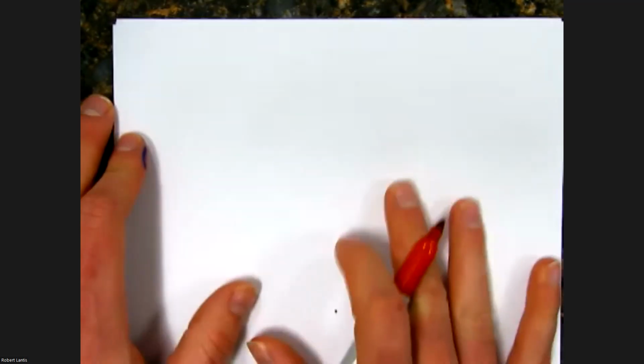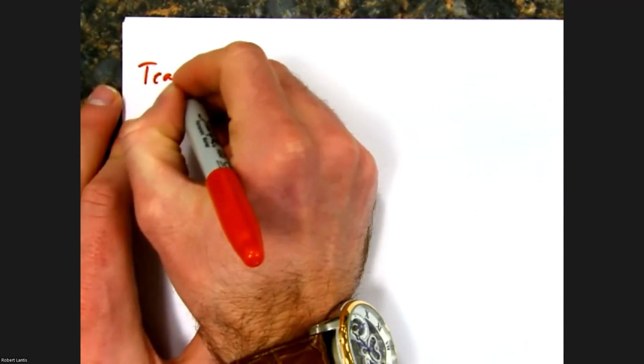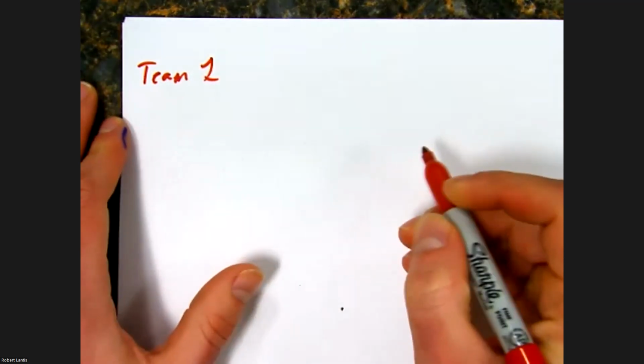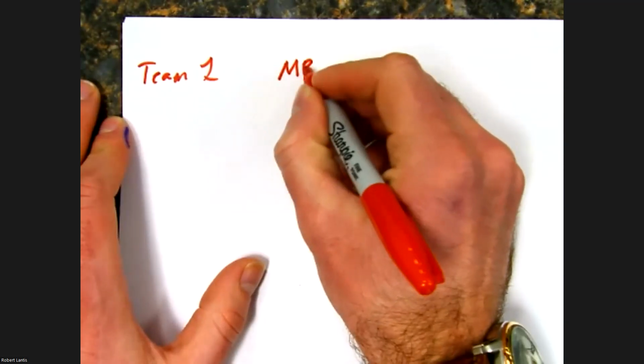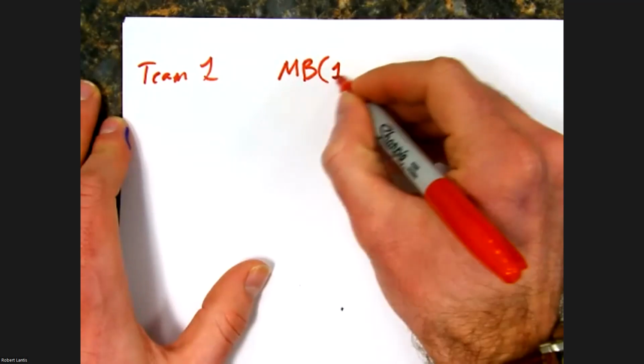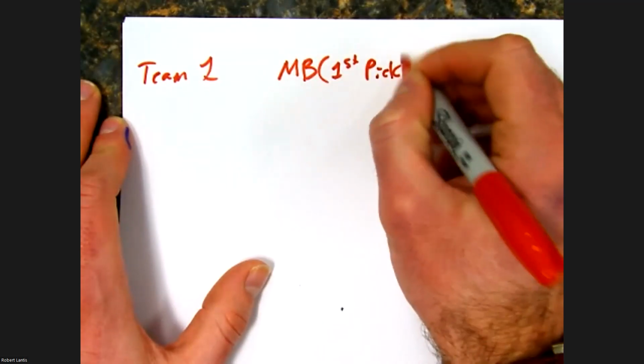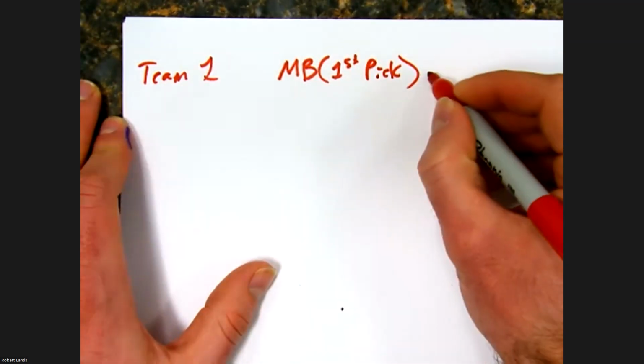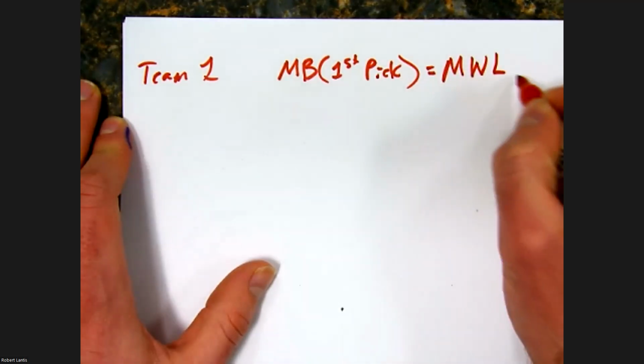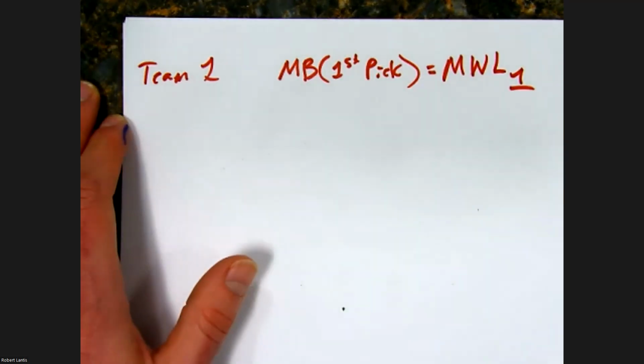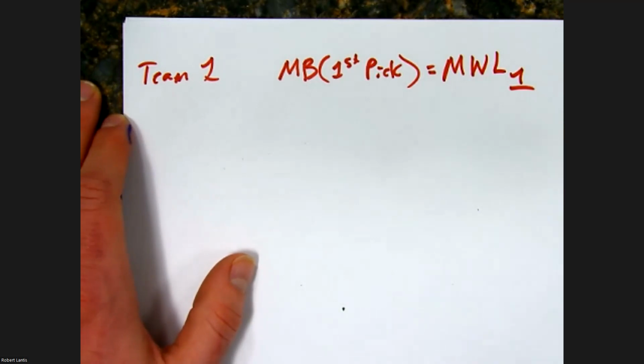So for team one, they've got this top draft pick, and we could think about what's the marginal benefit of that first pick to them, or the number of additional wins that first pick is going to add.